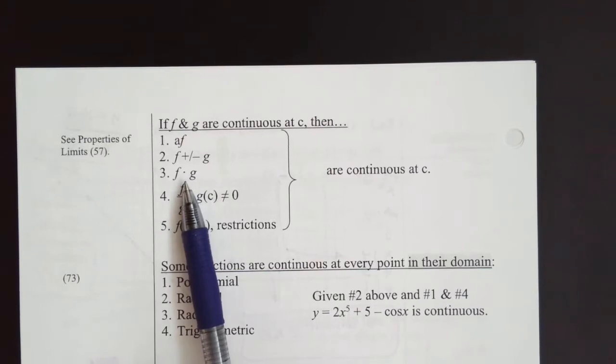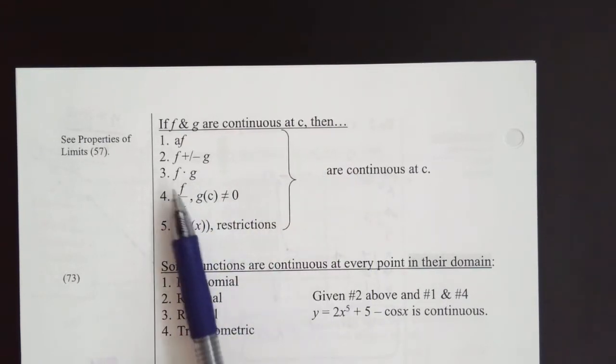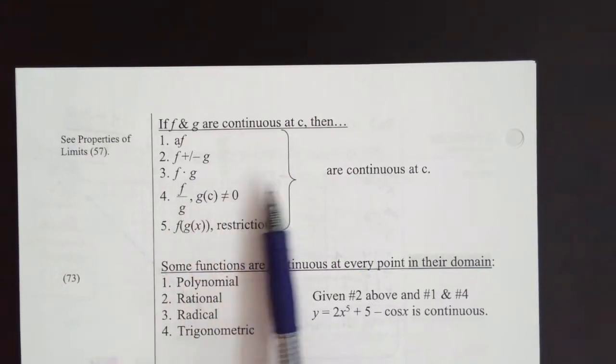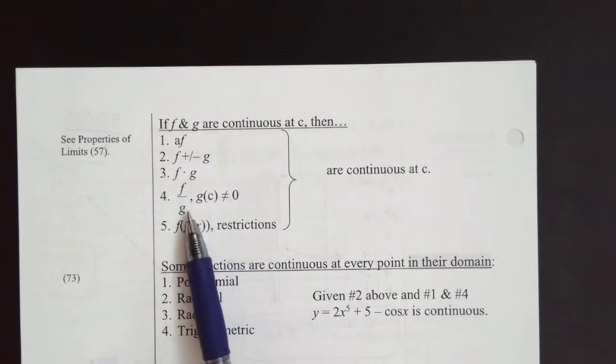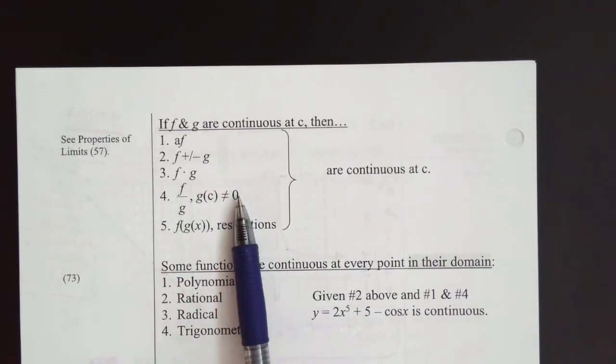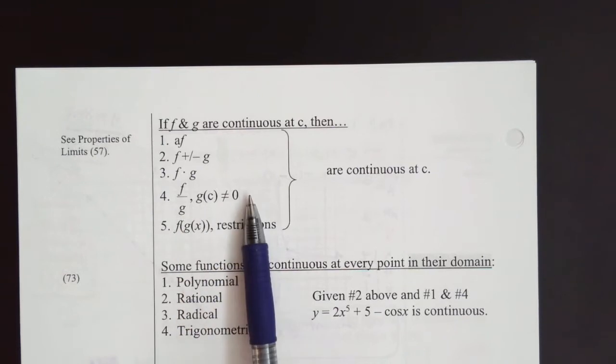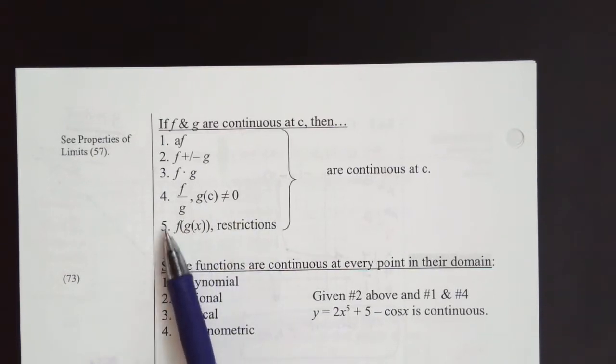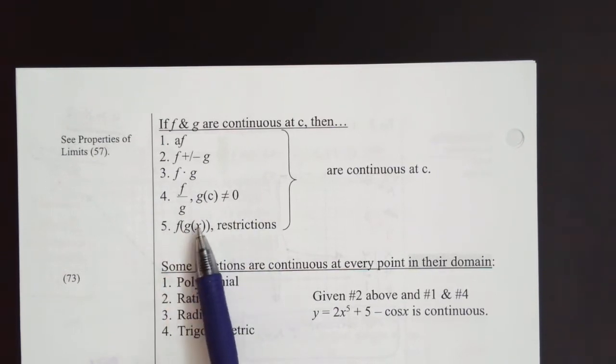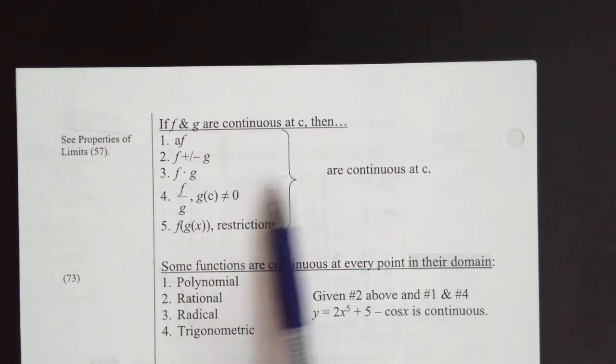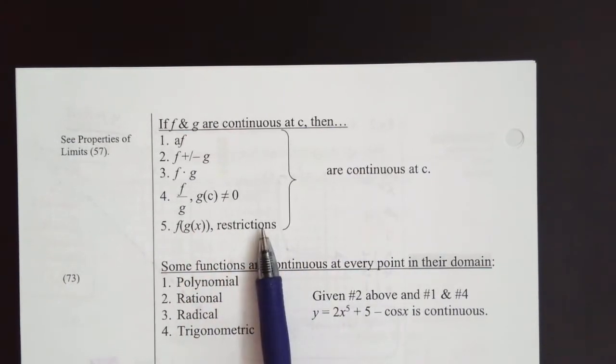If we multiply them together, they're still continuous. If we divide them, they'll be continuous as long as g of c does not equal 0. If that equals 0, then it would not be. And for a composite function, f of g of x, it should be continuous, but it might have some restrictions to it.